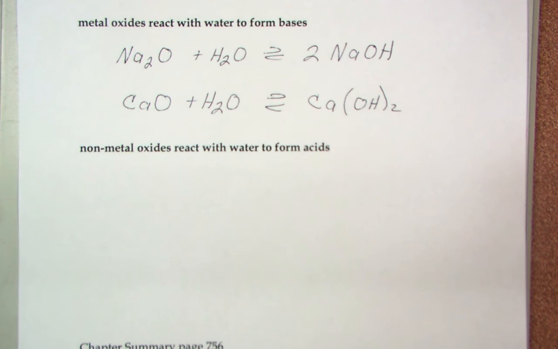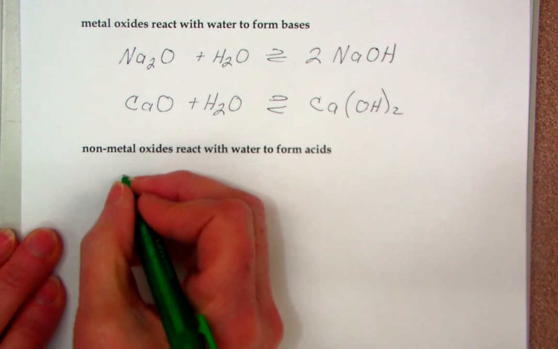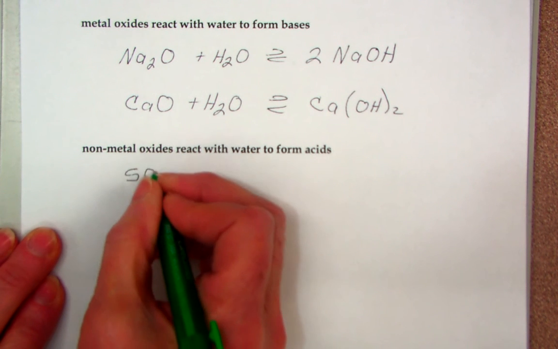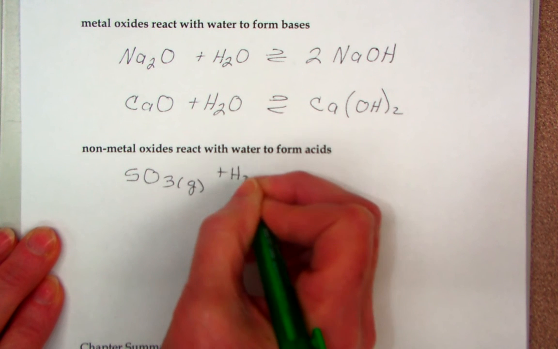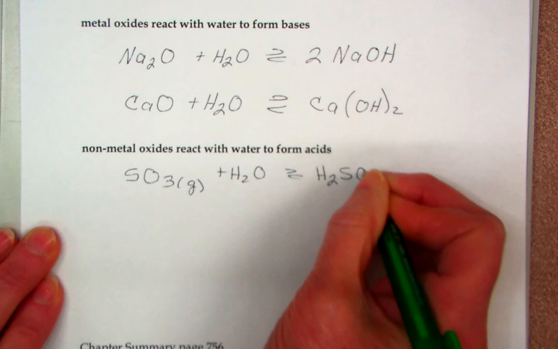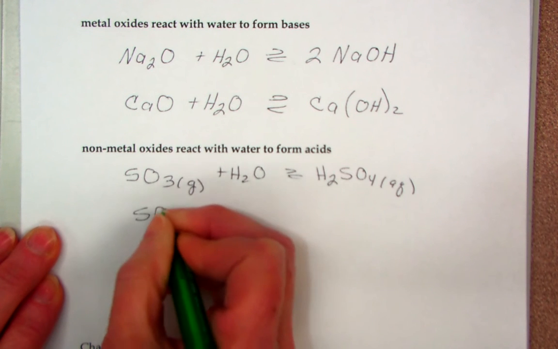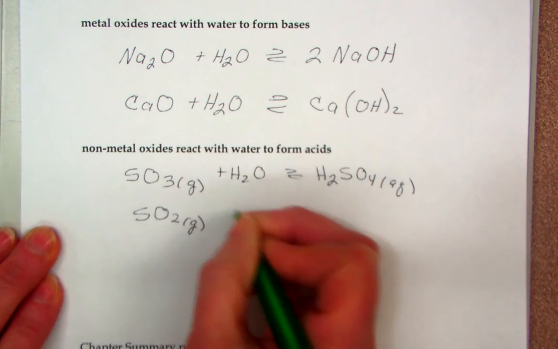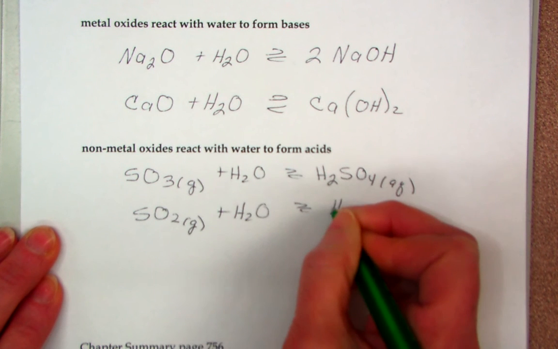This was introduced in Chem 111, but it's not super important for us. But you need to understand that this will then make an acid or a base solution, which we talk about in Chapter 16. Nonmetal oxides, like sulfur trioxide, can react with water and make sulfuric acid. Sulfur dioxide, you might know this from environmental concerns, reacts with water and makes sulfurous acid.